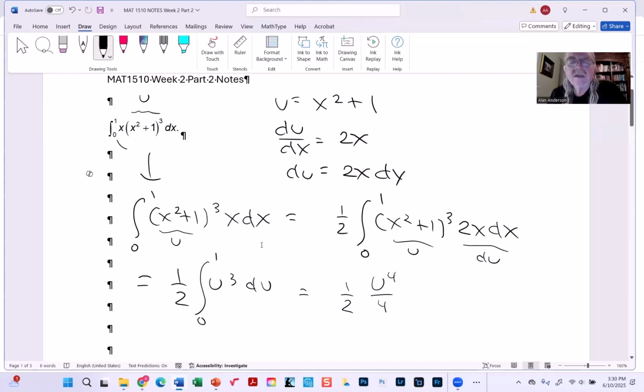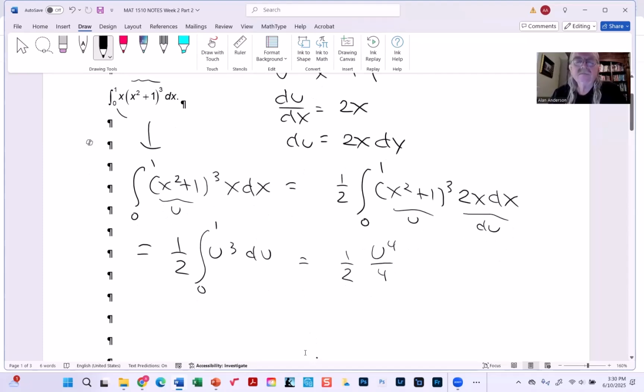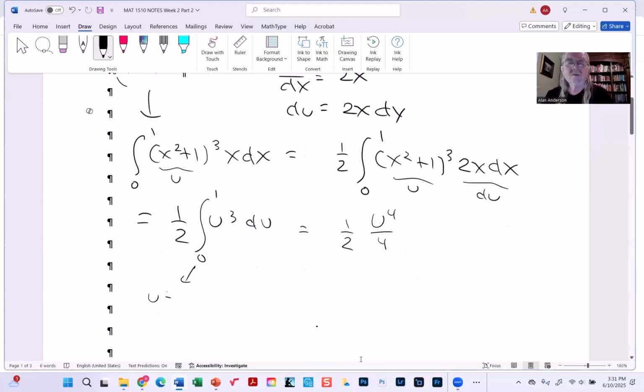And what we're going to do is replace this 0. If u is, as we said, x squared plus 1, that implies that when x equals 0, that leaves us with a value 1 for u.